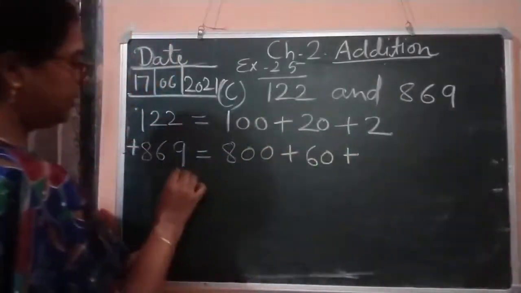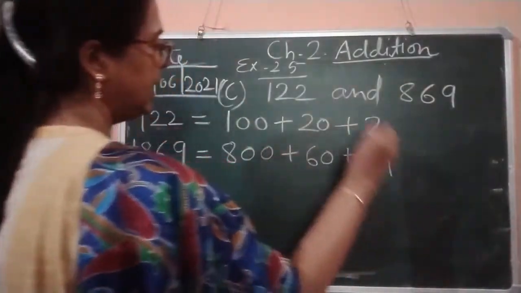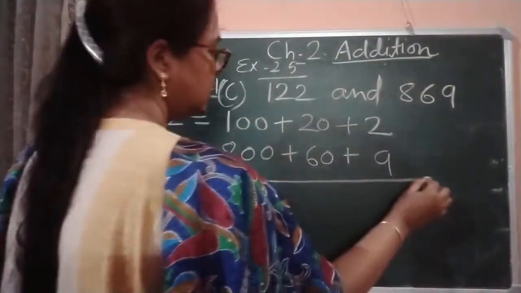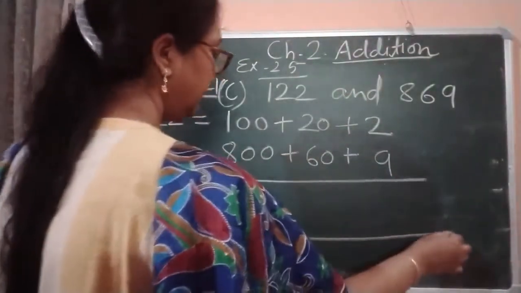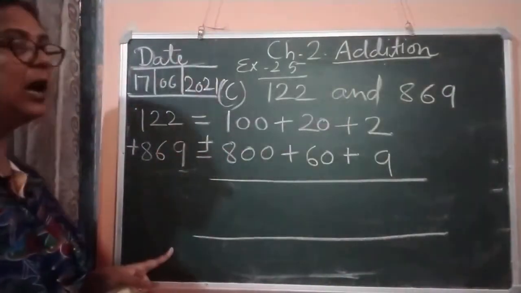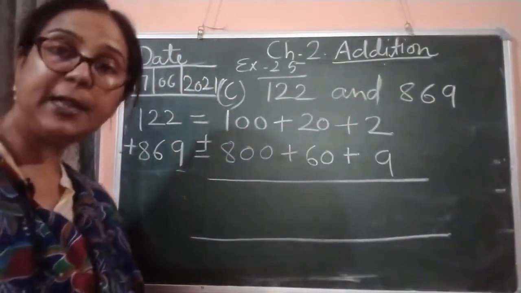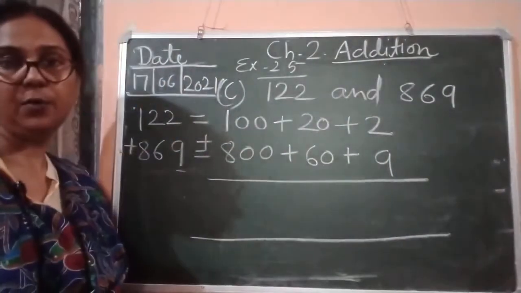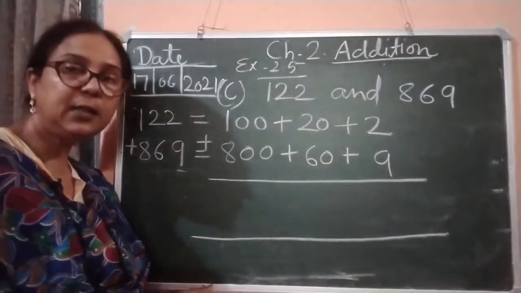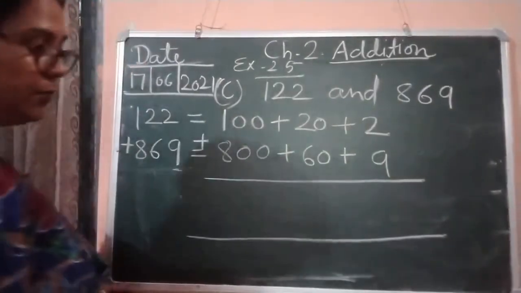After that 9 is left, we will write 9. Now we will add the expanded forms.